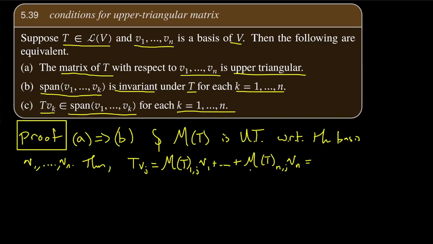In fact, I'll just write that down right here in a nice, convenient way. M(T)_{1,j} v1 plus dot dot dot all the way up through M(T)_{j,j} vj plus 0 vj+1 plus dot dot dot all the way down through 0 vn.